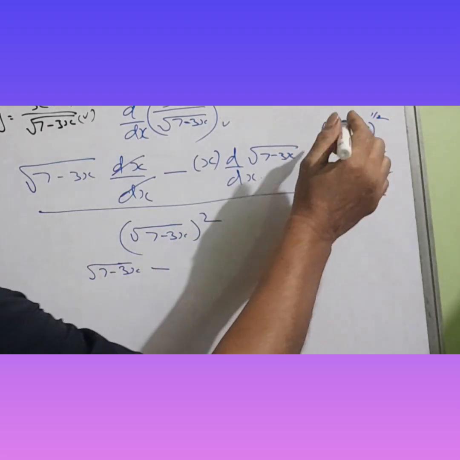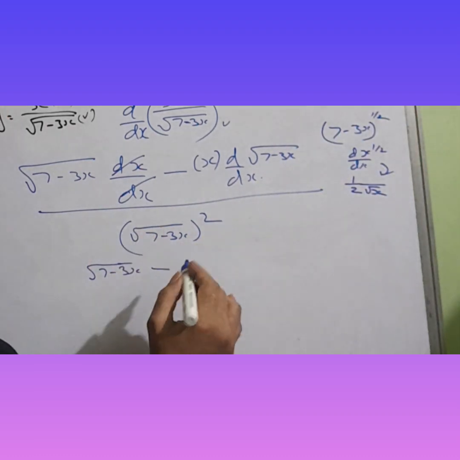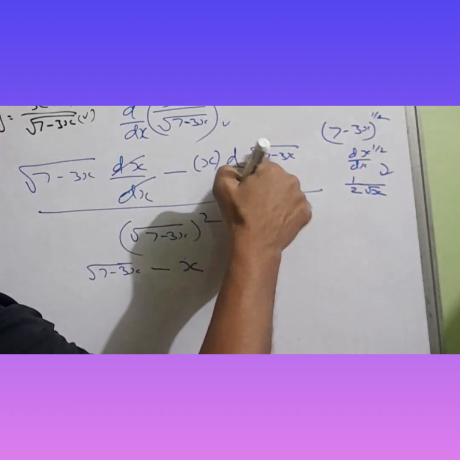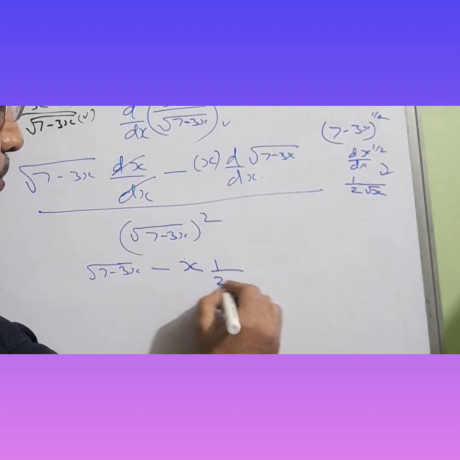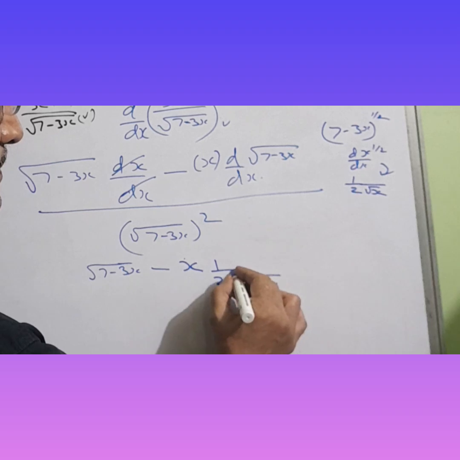Alright, okay, similarly assume this to be our x, so this x remains as it is, and for this it would be 1 upon 2 root of 7 minus 3x.